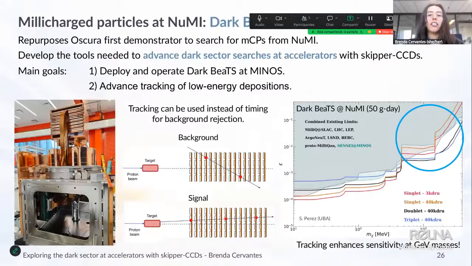So motivated by these results, we then started the effort that we now call DarkBits, which essentially we wanted to repurpose this Oscura first demonstrator, the one that I showed previously, to be able to search for MCPs from NuMI.